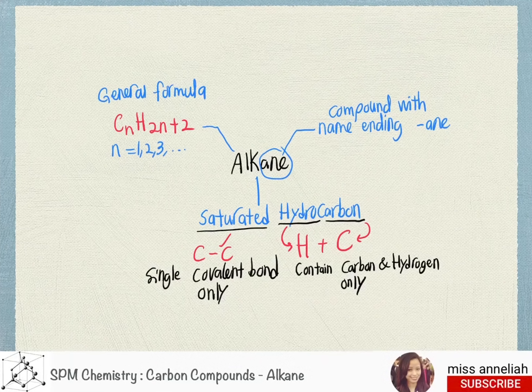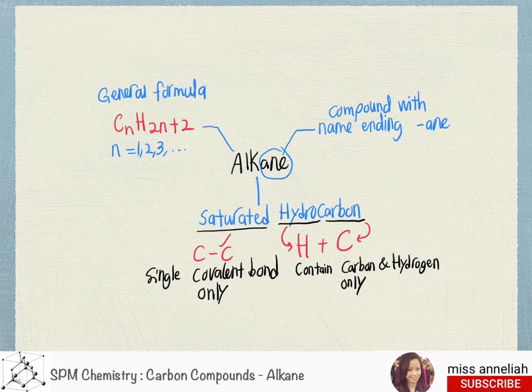Hydrocarbons belonging to the family of compounds called alkanes have names ending with "ane". The molecules within the alkane family contain carbon and hydrogen atoms only, so they are called hydrocarbons, and each of the carbon atoms is covalently bonded to 4 other atoms by single bonds only, so they are said to be saturated.